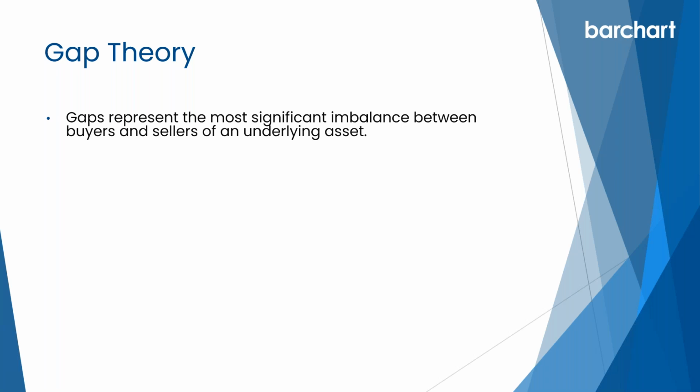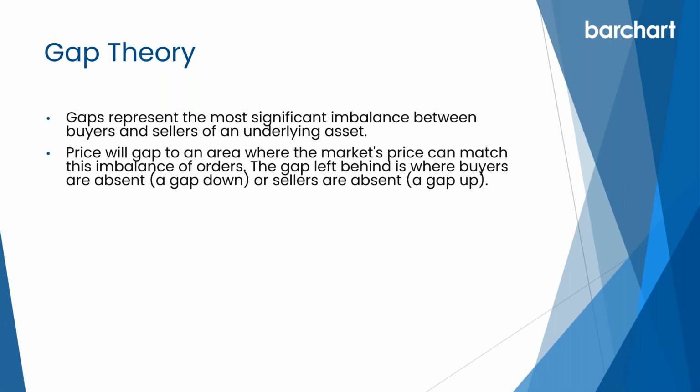In other words, a gap is a void of price, and price is a record of a transaction. And a transaction can only occur with both a buyer and a seller. So therefore, gaps are evidence of a market that is void of either buyers or sellers.